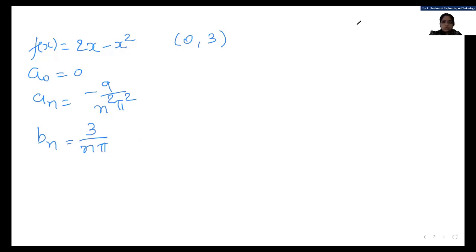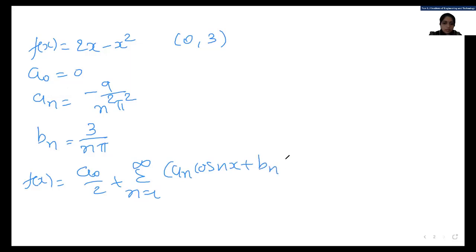Now, as I told you, our given Fourier series, f of x, if I substitute the values of a0, an and bn, is a0 by 2 plus summation n equals 1 to infinity of an cos nx plus bn sin nx. Now, the value of a0 is 0, so no need to write a0 by 2.